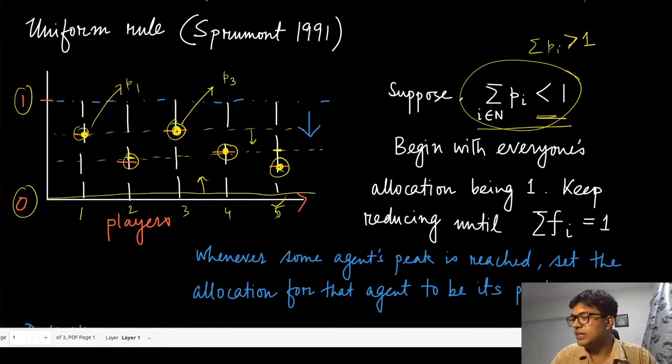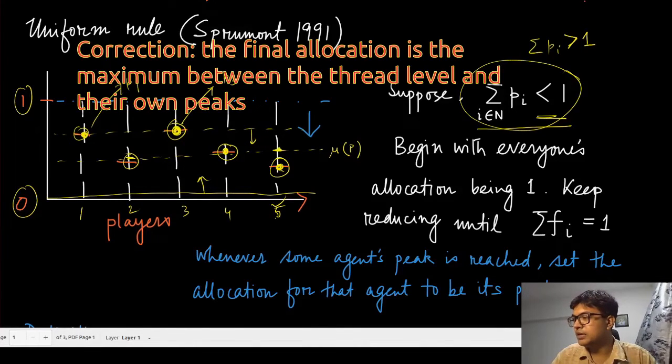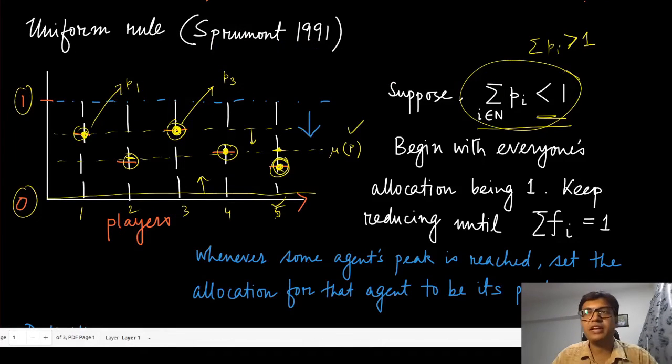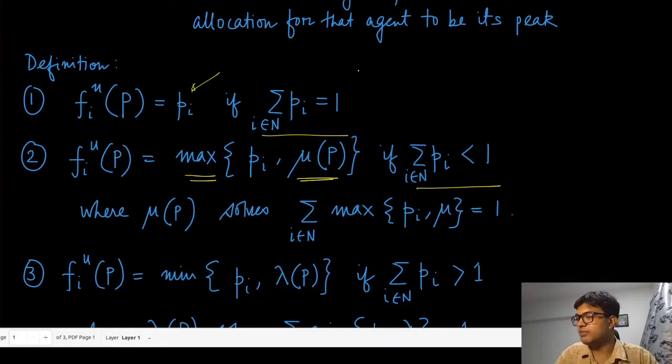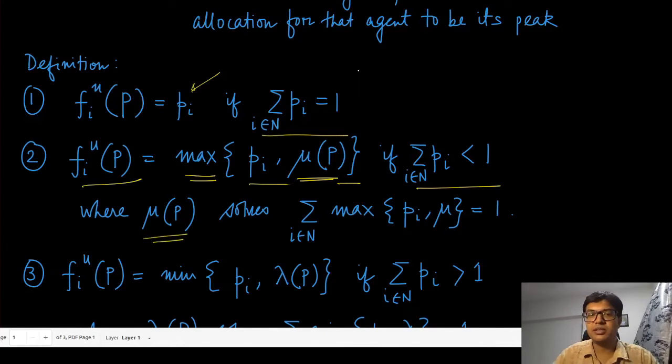You can see that this thread level, if you call that mu of P, is the maximum of that particular player's peak and this mu of P. So mu of P is the final point where the thread finally settled and did not go down any further. For the other agents whose peak was above that mu of P, their peak was chosen. So that is one way of writing the same thing. The uniform allocation rule essentially gives the max of these 2 quantities, where mu of P is nothing but this one.